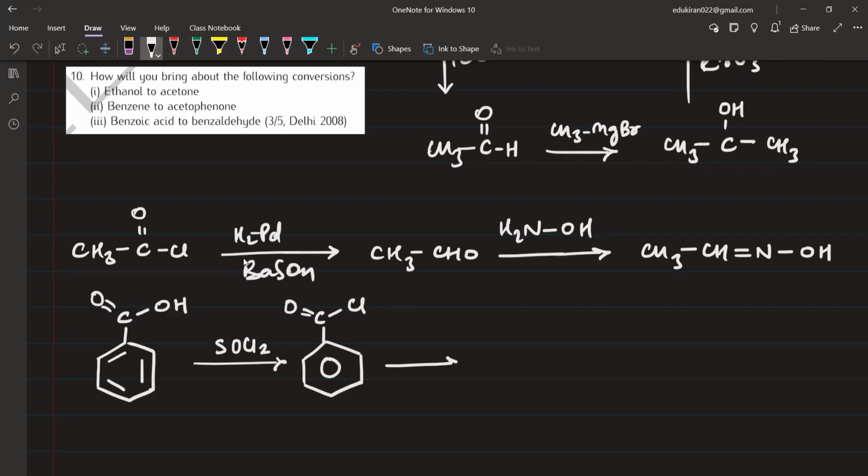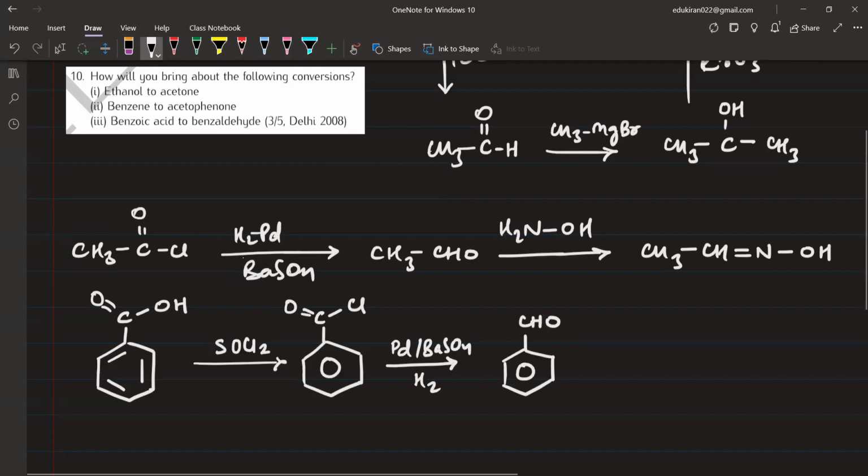After this, what you are going to do? Same thing, Rosenmund reduction, Pd in the presence of BaSO4 and H2. This will get converted to benzaldehyde. Got it now, Aisha? Yes, sir.